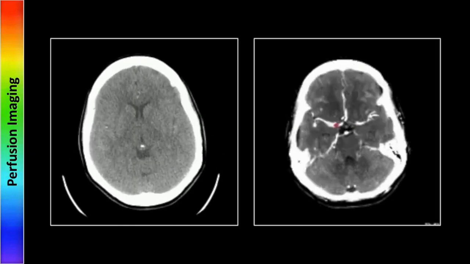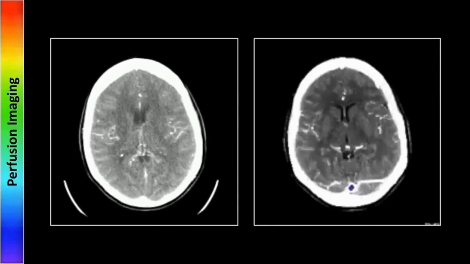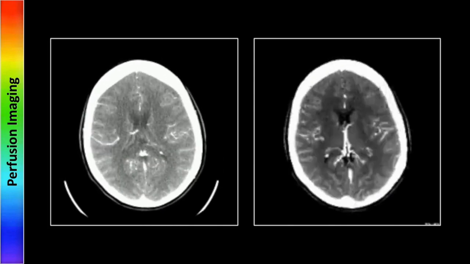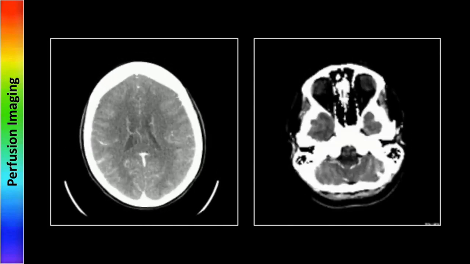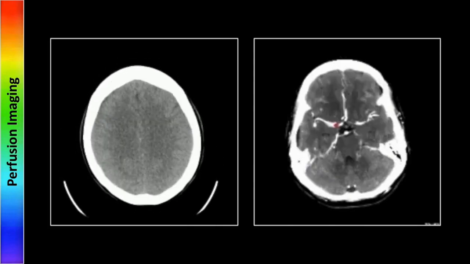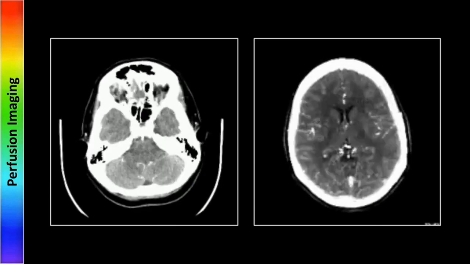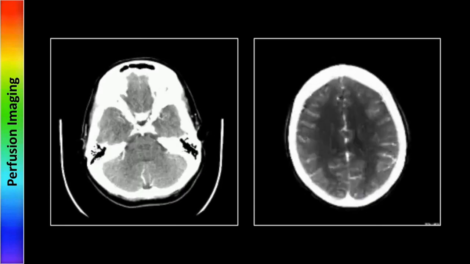Let's move on to CT perfusion. On the left, you'll see a typical CT perfusion scan, which is a rapidly repeated scan from the skull base to the tops of the ventricles that is done to identify the exact timing of arterial inflow and venous outflow.